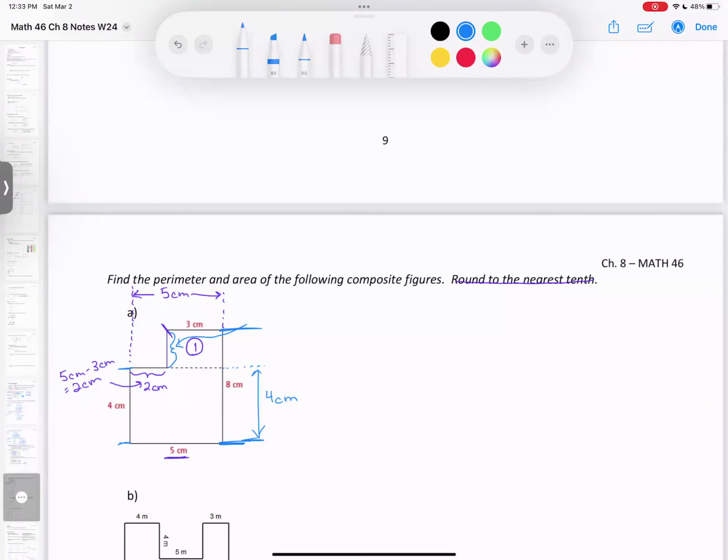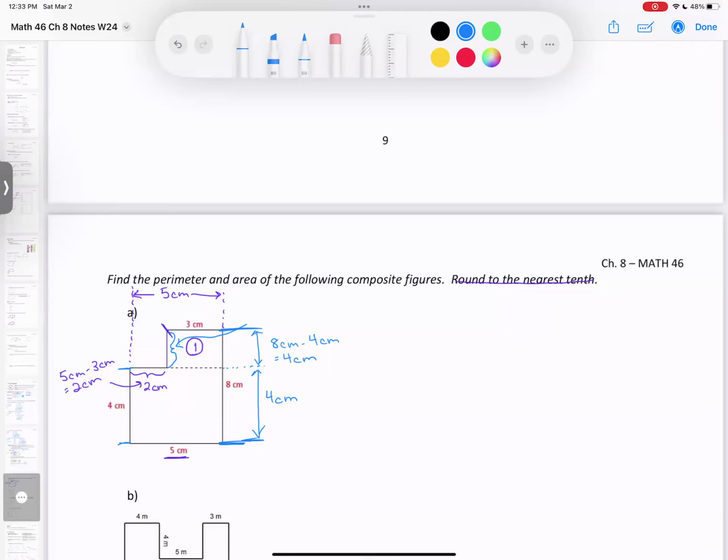Even though it's not to scale, that means this one must be 4 centimeters as well, because it would be 8 minus 4. So don't rely too much on the scale. Sometimes it will trick you. That there would be 4 centimeters.